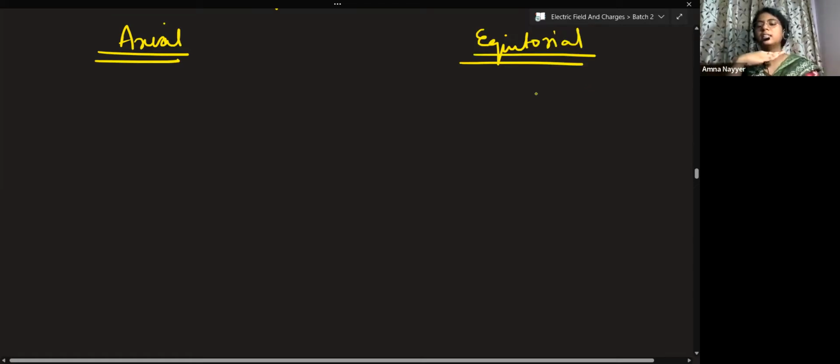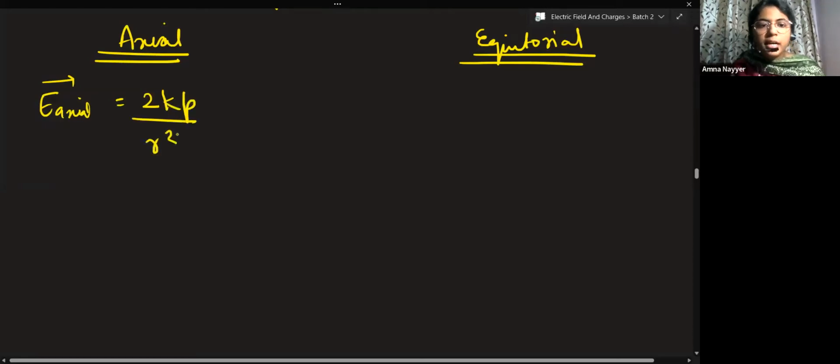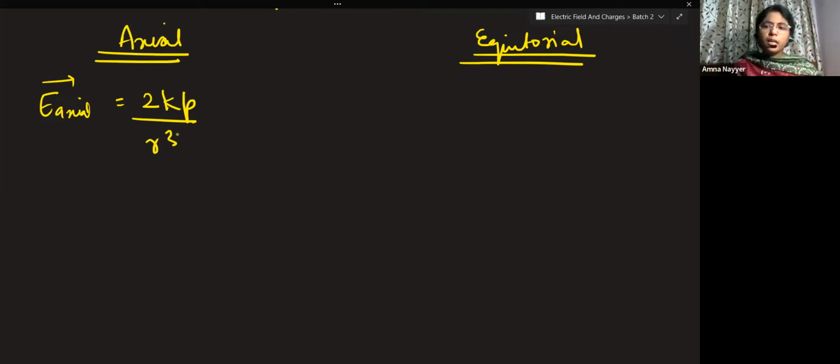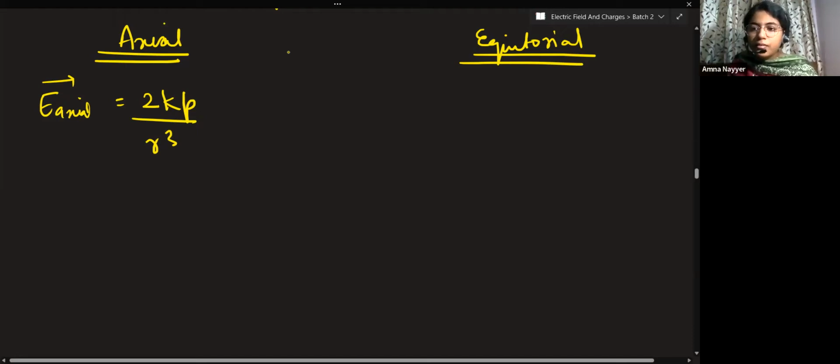Equatorial when it is perpendicular to the dipole. Then electric field for the axial we got as 2kp divided by r cube. I'm writing after using ideal dipole approximation because most of the times you get questions in such a manner that you are required to use the ideal dipole approximation. For the equator, but remember it for both.